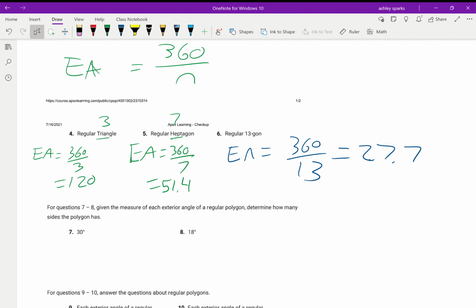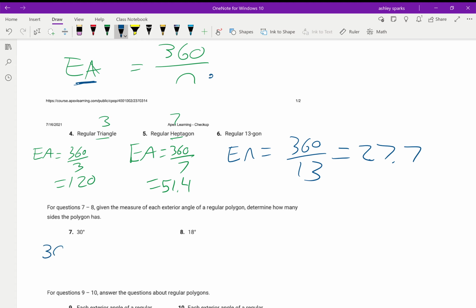Now this says, given the measure of each exterior angle, determine the number of sides. This is what we just did, only now we know the exterior angle and we don't know n. So we'd set it up like this.